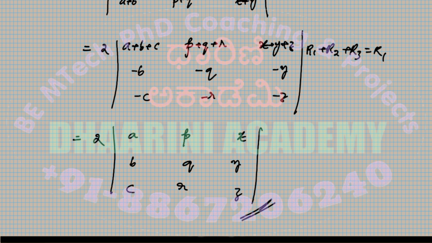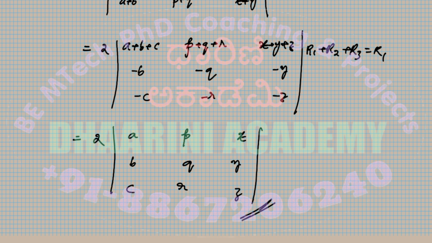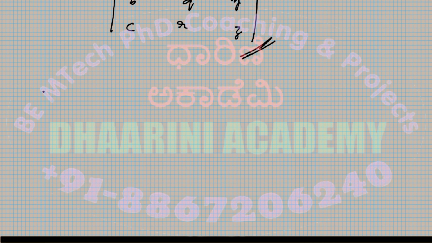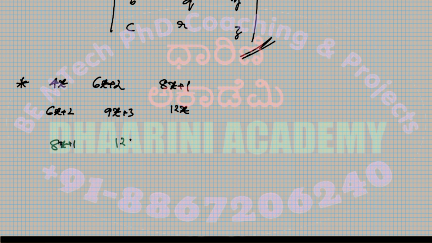All right. The next question is 4x, 6x plus 2, 8x plus 1, 6x plus 2, 9x plus 3, 12x, 8x plus 1, 12x, 16x plus 2.